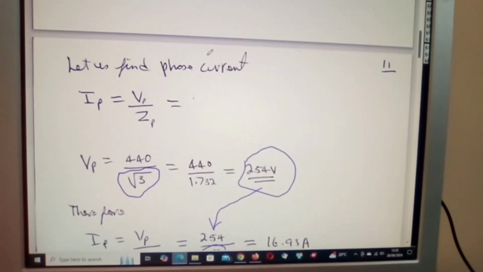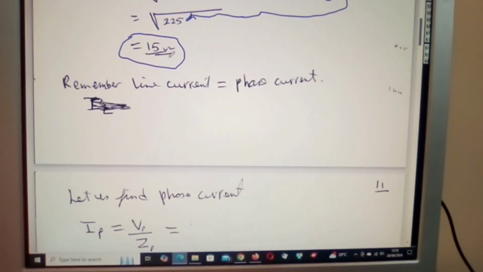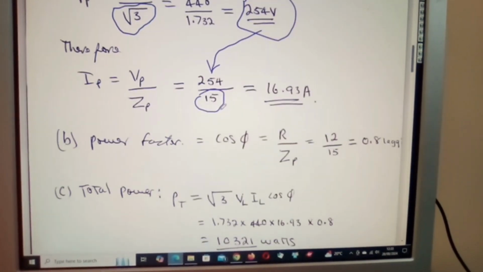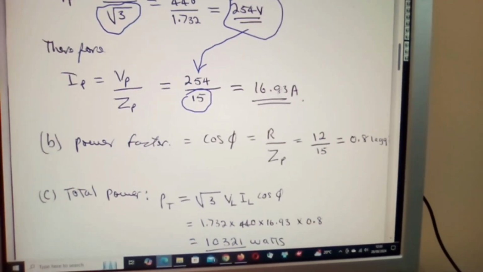Comes from here, okay? Comes from here. Therefore equals 16.93 amps. That is our current.